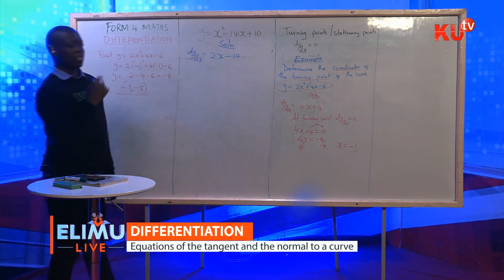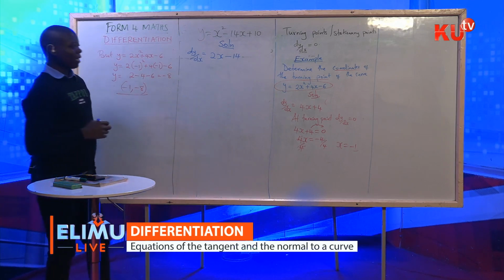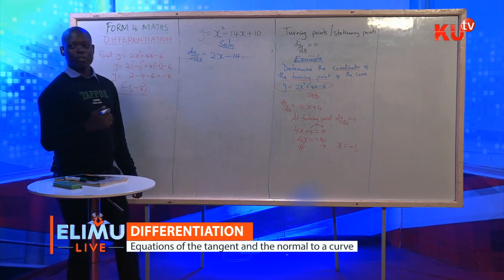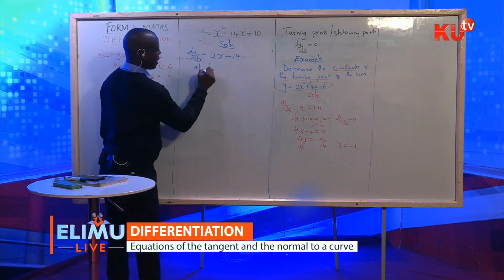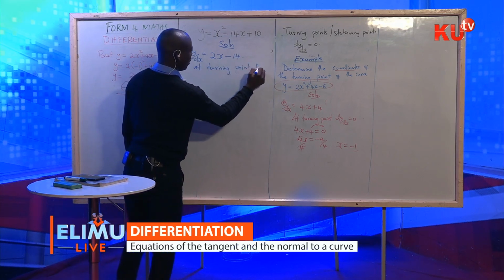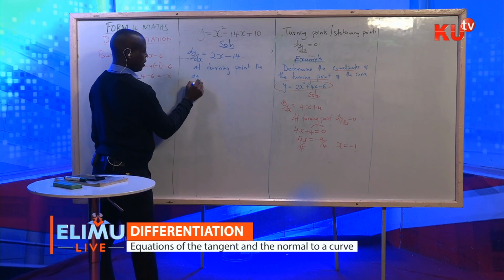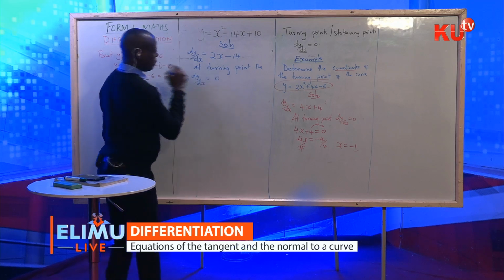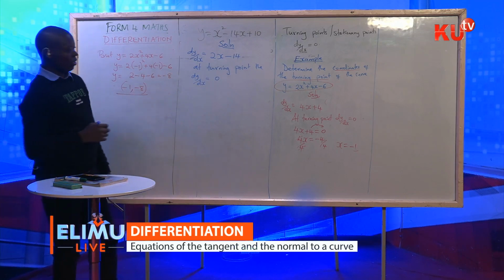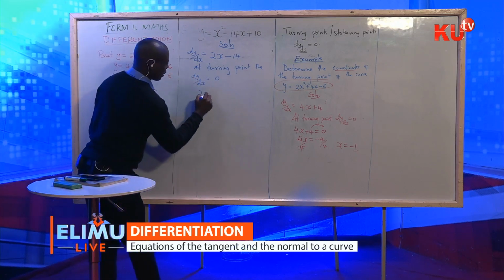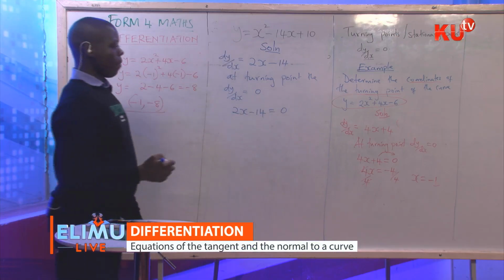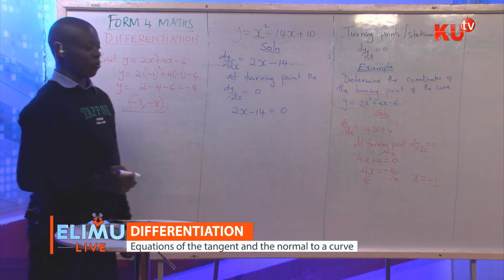Good. Next step. Yes, we equate the dy dx to 0. At the turning point, the dy dx is equals to 0. Therefore, we have 2x less 14 is equals to 0.